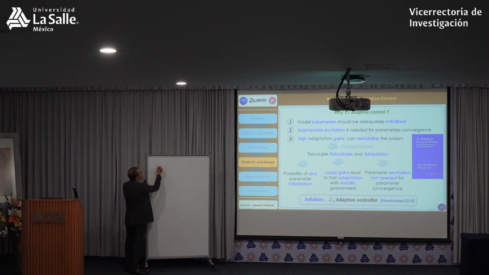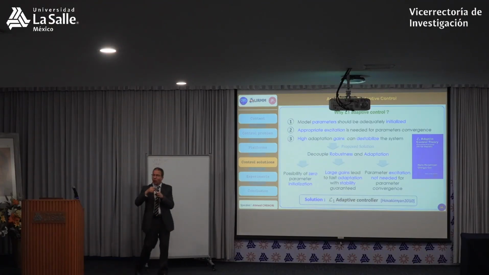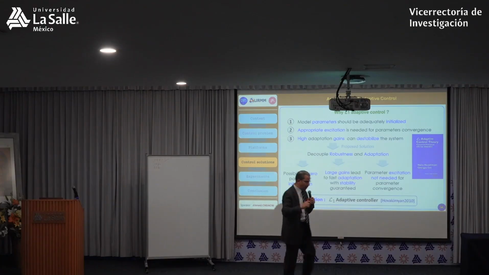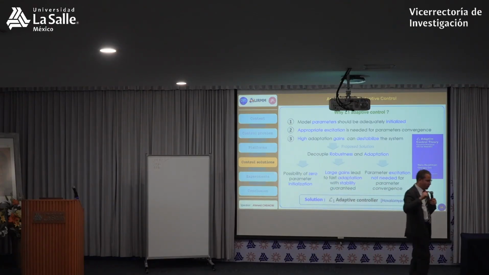No, before. 20s? No, after. 50s. And do you know the origin of the development of adaptive control? The problem is time, but I can tell you the story. By the 50s, after the Second World War, they were working on the control of airplanes, like military airplanes.